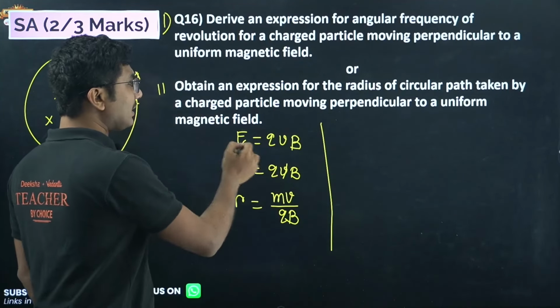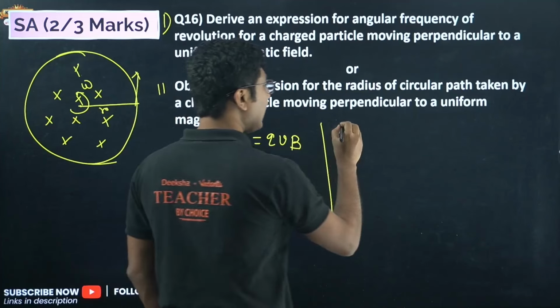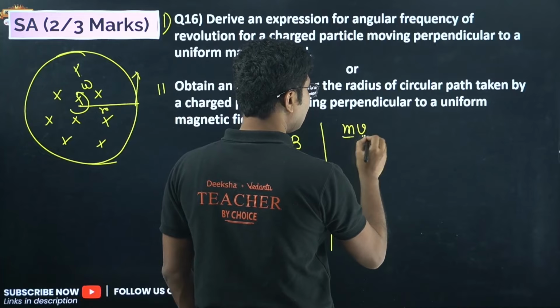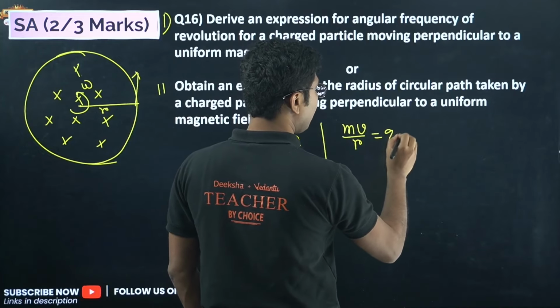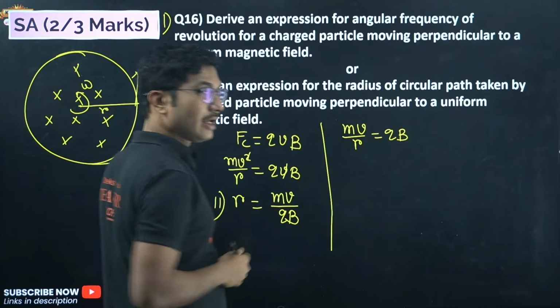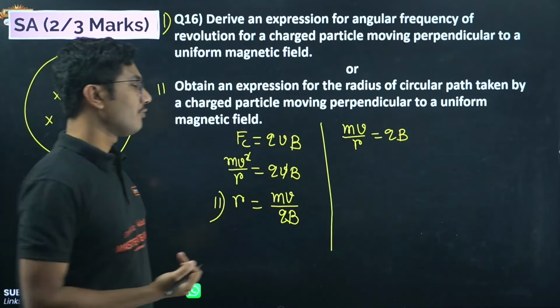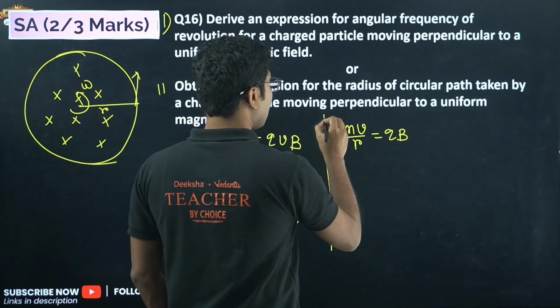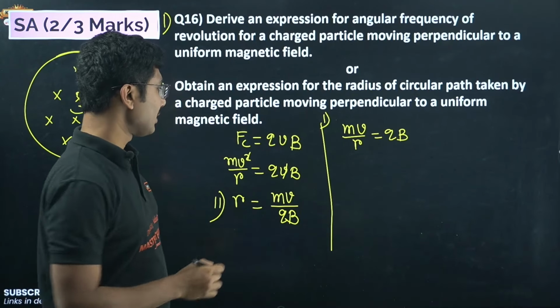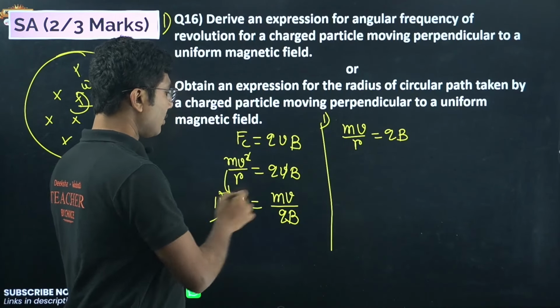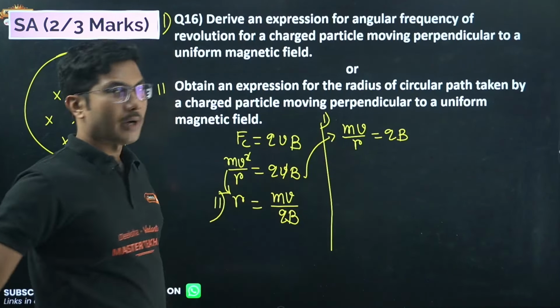Again, we will start from the same expression, and we will write mv by r equals qB. And what is v? In terms of rotational motion, v can be written as r into omega. From here directly part 2, and from here we are going into part 1.